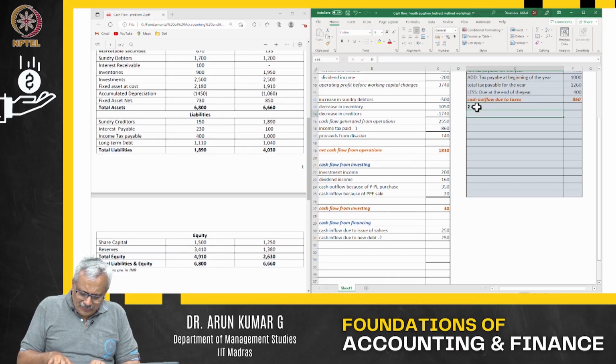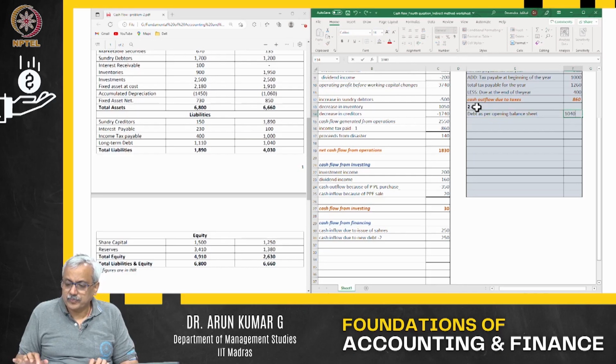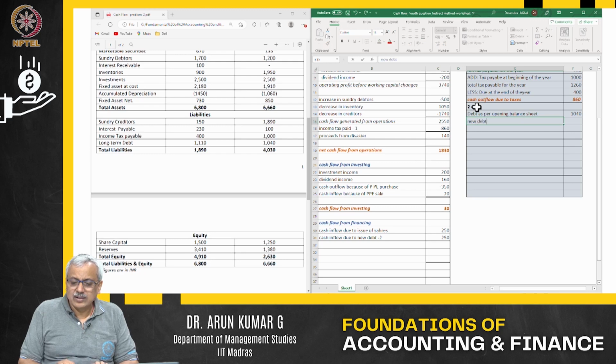What is the debt as per the opening balance sheet? It is 1040. What is the new debt raised? 250. So what should have been the ideal debt?